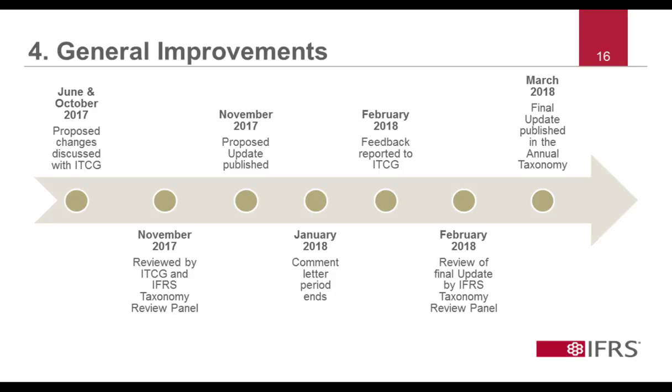Changes were published for public consultation in November 2017 for 60 days. The changes were also discussed with the ITCG, our consultative group, in June and October 2017. And the feedback received from the public consultation was reported at the February meeting of the ITCG.